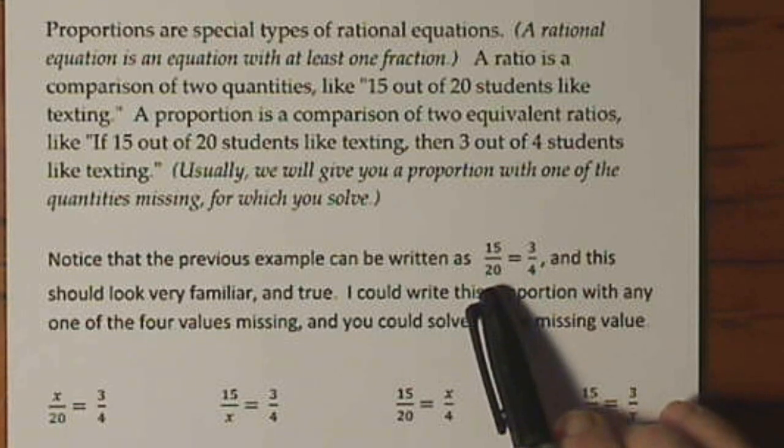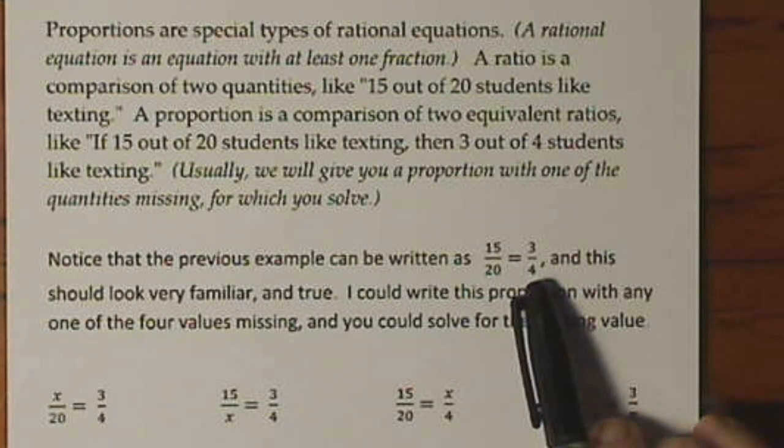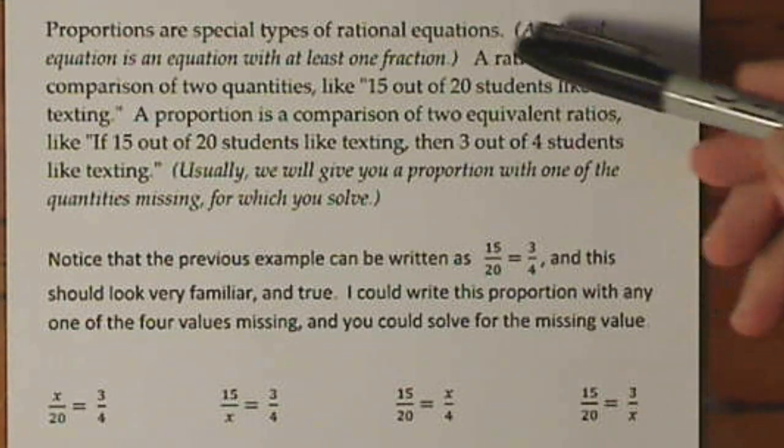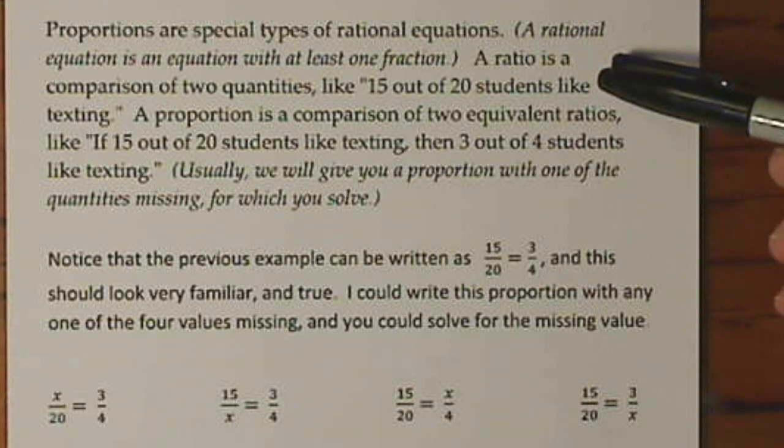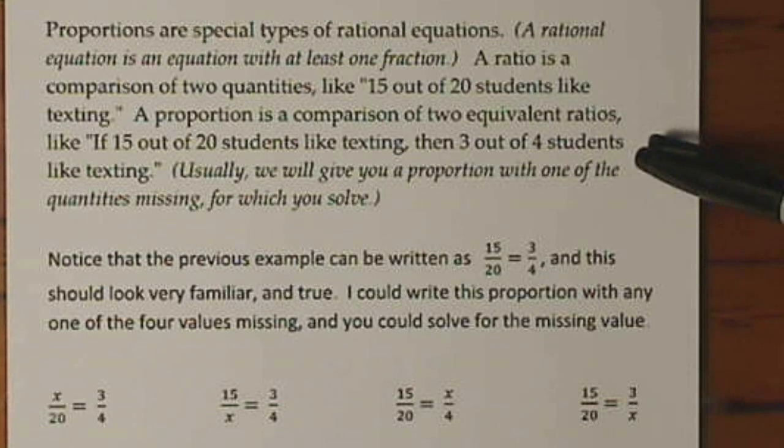That's one way to write a ratio. And you realize that 15/20 could be reduced to 3/4. So if I said 15 out of 20 students like texting, I could also say that 3 out of 4 students like texting, and essentially I mean the same thing.